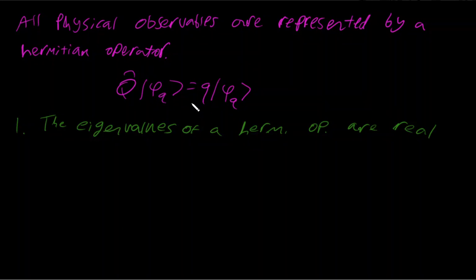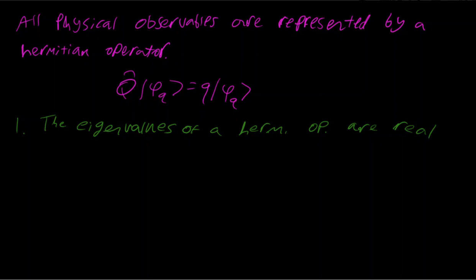The values that the observable can take on are the eigenvalues, and they've got to be real. I can't have an imaginary position or an imaginary momentum or an imaginary energy. Actually, I think I will talk about imaginary energies. It's not really a real thing. Pun intended.